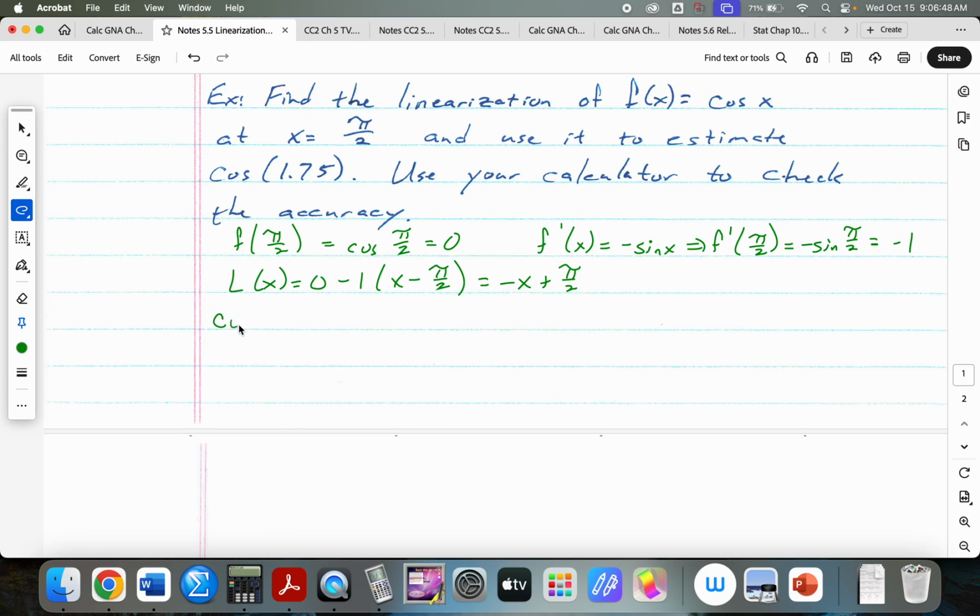So cosine of 1.75 is f of 1.75, which will be approximately L of 1.75.